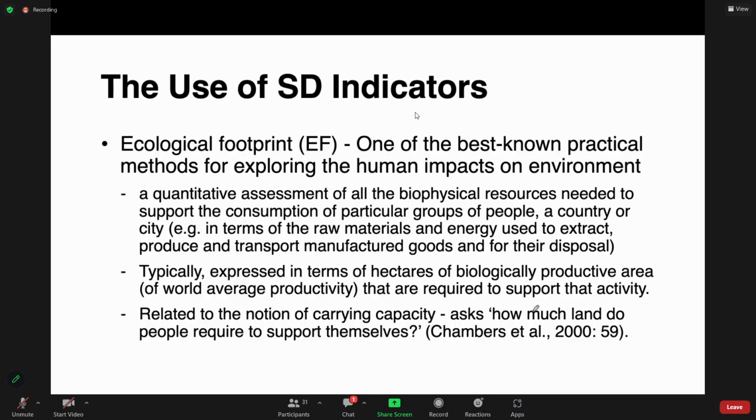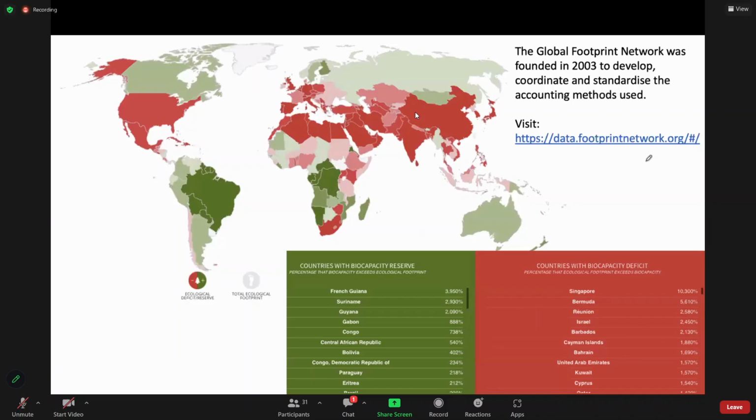Typically this is expressed in terms of hectares of biologically productive area. So how much land area is needed to supply these goods that we consume. If you go to the Footprint Network website, you can find data in relation to this.